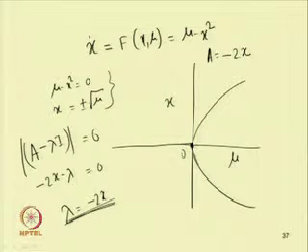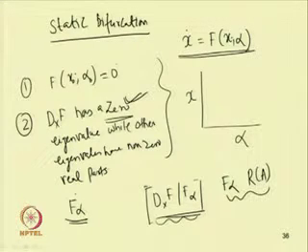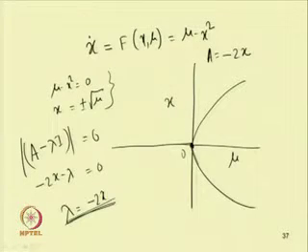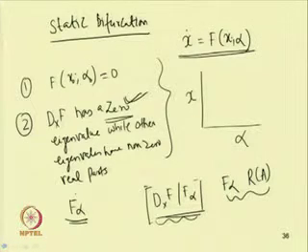As we have a 0 eigenvalue, it satisfies the second condition, that d_x f has a 0 eigenvalue, and the first condition is also satisfied at mu equal to 0. So this origin is a static bifurcation point as it satisfies both conditions, that is f(x0, alpha0) equal to 0 and d_x f has a 0 eigenvalue.